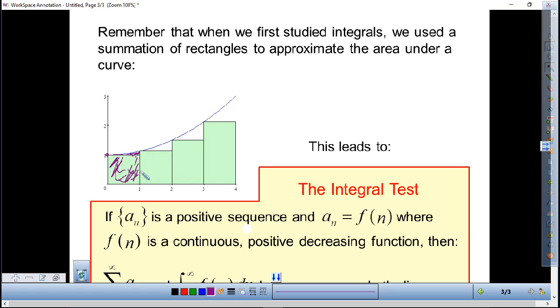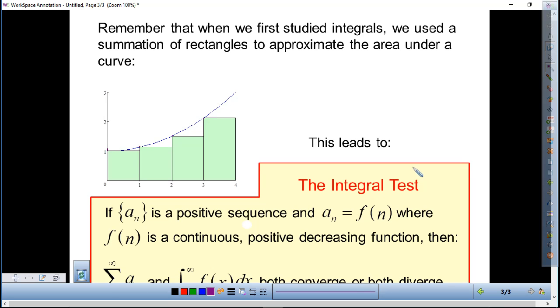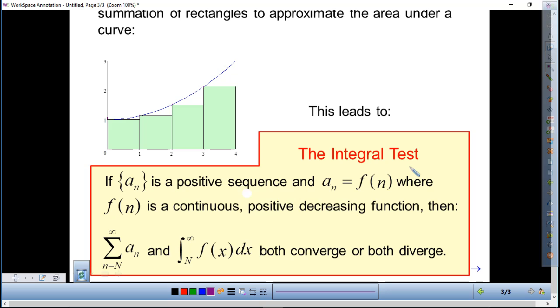So if we were to find the integral under this, and the integral actually approaches a certain value, then of course the series of just this value and that value and that value would approach a certain value too. Now they're not going to be the same value, but they're either both going to converge or both going to diverge.